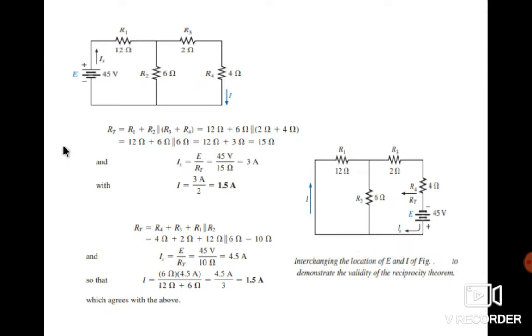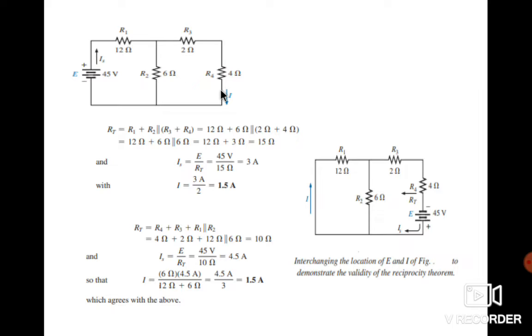So see, in a nutshell, I have shown this figure in which we have applied the reciprocity theorem and found the total current I. These are the parameters given there. What you have to do is find the total current I using this circuit, and then short circuit this terminal and connect this voltage source in the reverse direction over here, and then find the current.